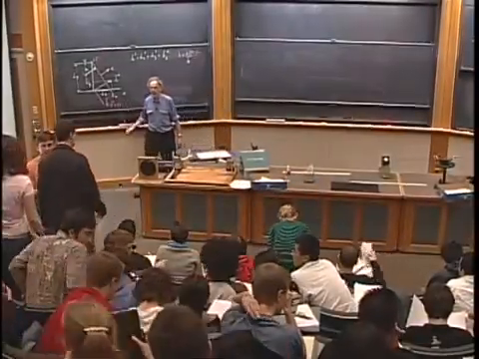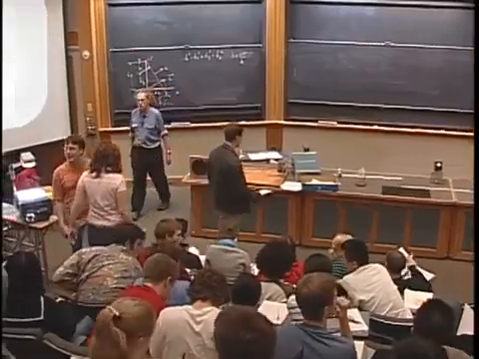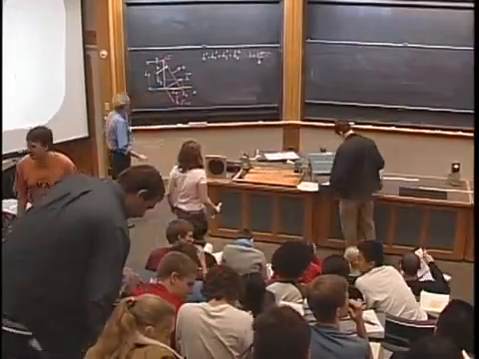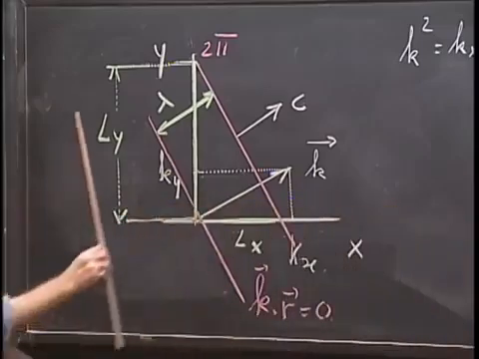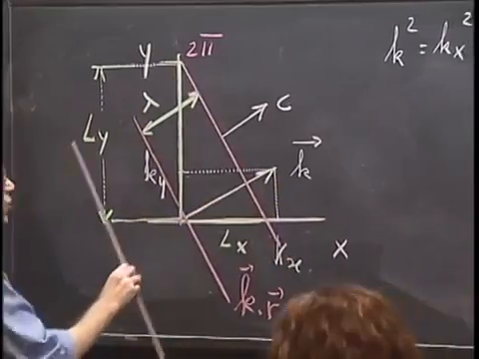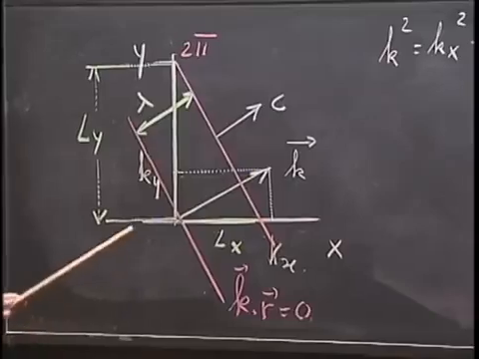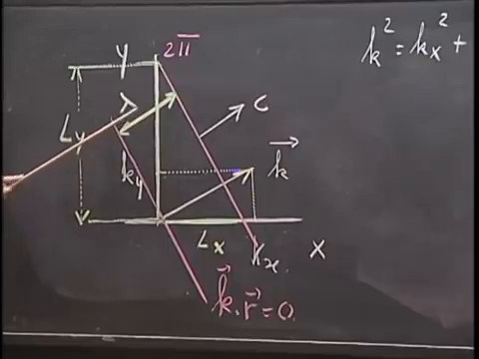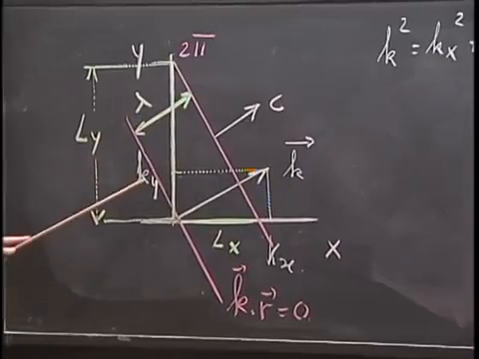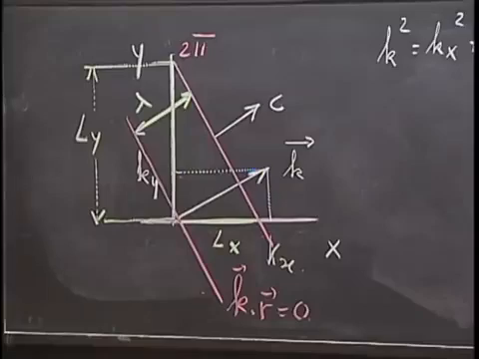I put here on the blackboard the xy plane. This is an electromagnetic wave going in this direction, perpendicular to the direction of k. So this is, per definition, a wavelength. This is where E is a maximum in your direction, and this is where it's a maximum in your direction. And so this is the wavelength.